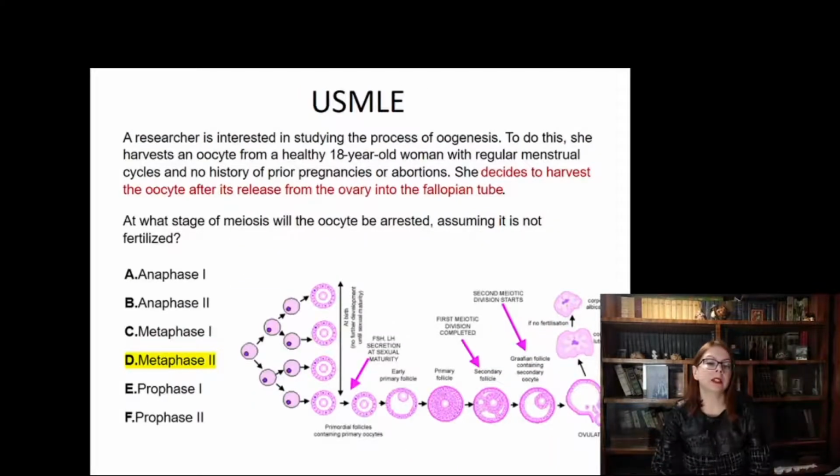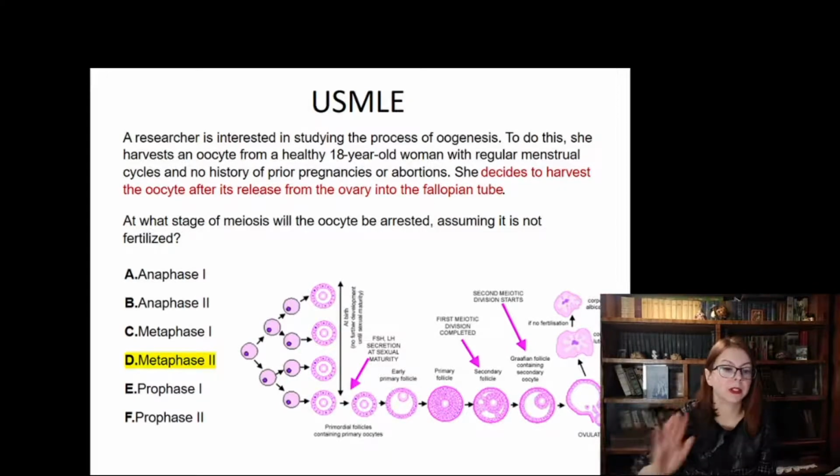And here is an example from the USMLE database. The question is, in brief, if a doctor decides to harvest the oocyte after its release from the ovary into the fallopian tube, in which stage will the oocyte be arrested if it is not fertilized? Of course, you should choose metaphase 2.